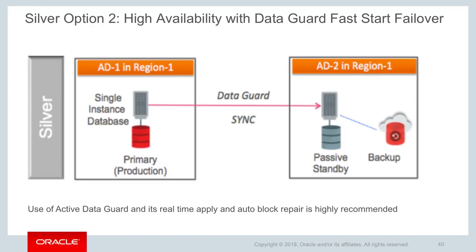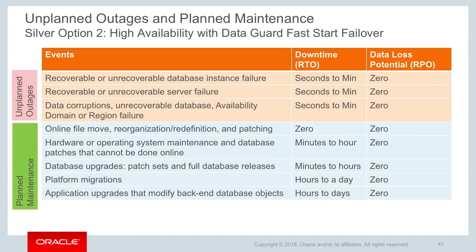And Oracle recommends that you use Active Data Guard and its real-time apply and auto block repair functionalities for your database. This slide shows you the various features and capabilities enabled by the silver option 2 maximum availability architecture.